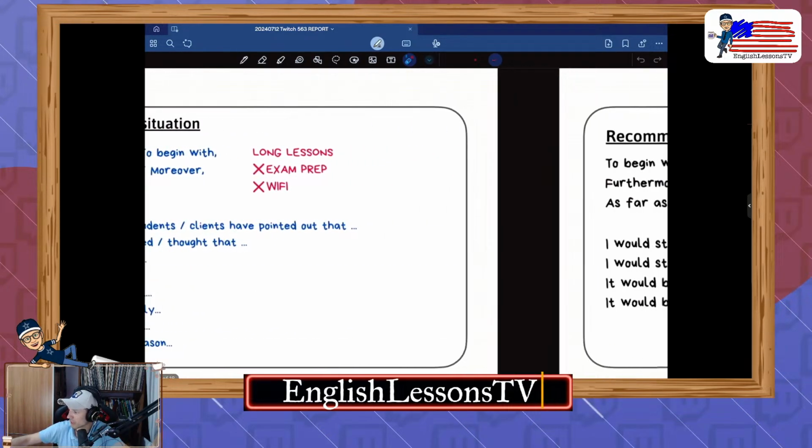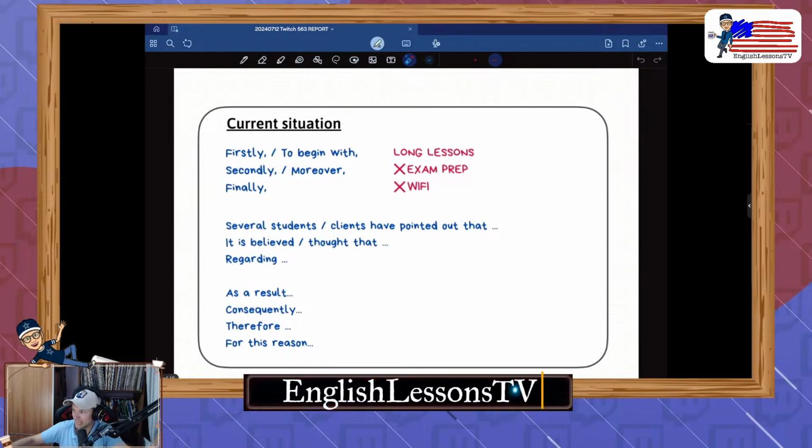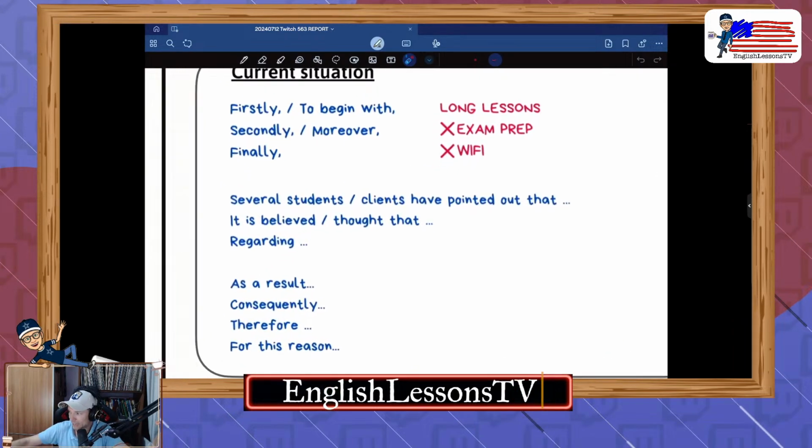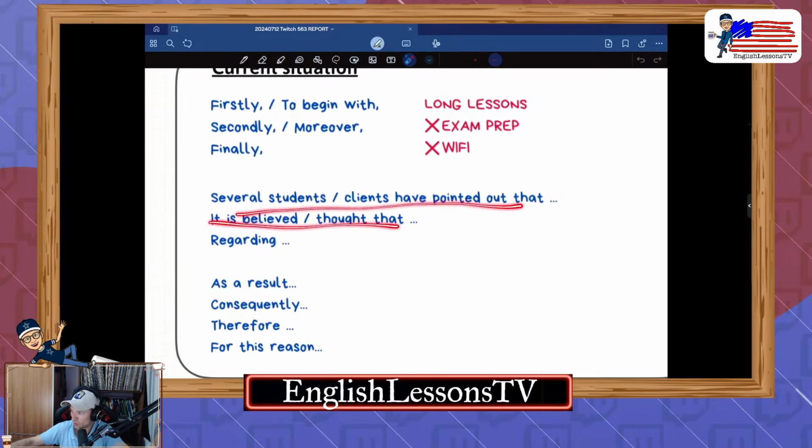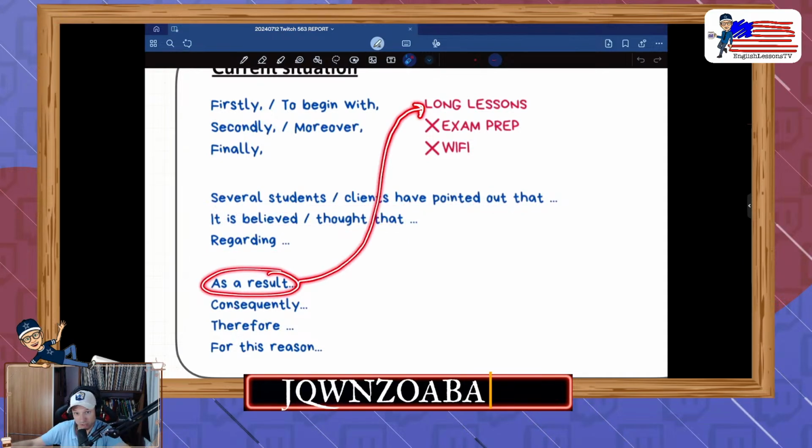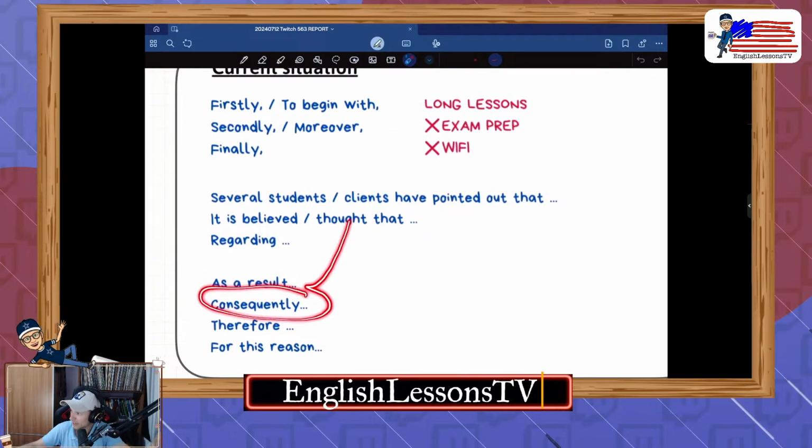Recommendations. Let's go. By the way, it's very important. When you point out all these, you can say that as a result, the students are bored. Consequently, the students feel unprepared for exams.